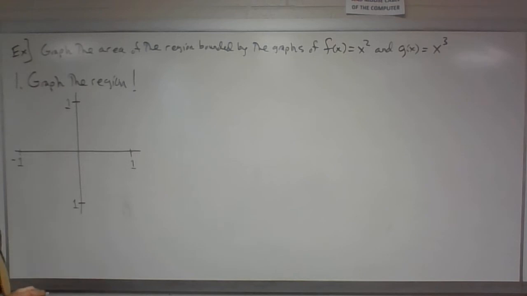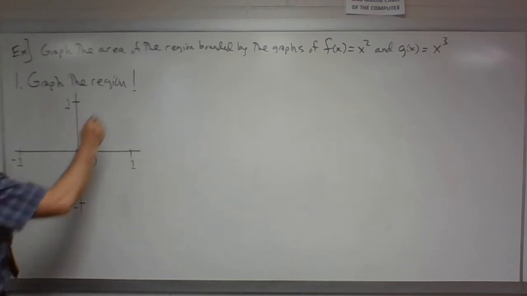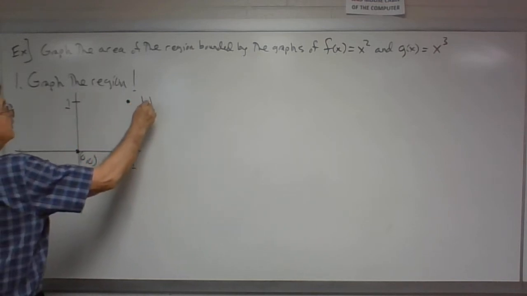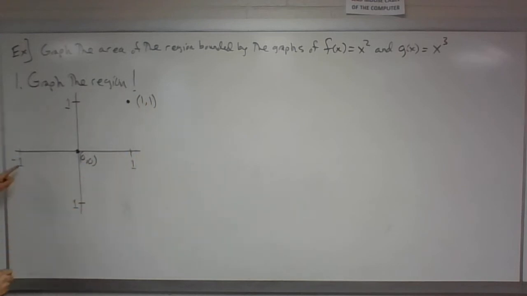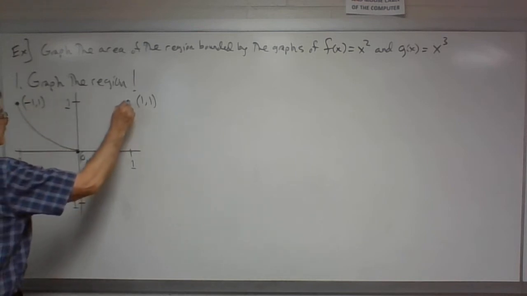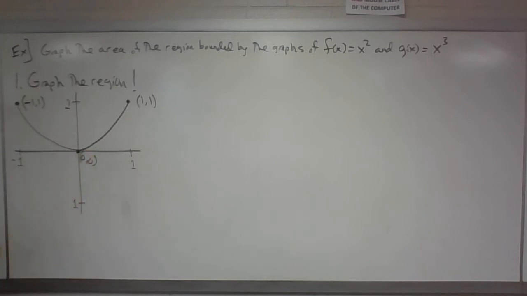X squared. When we plug in 0, we get 0. So this is a point on the graph. 1 squared is 1. That's another point on the graph. And negative 1 squared is positive 1. So this is what our graph of x squared is going to look like between negative 1 and positive 1.